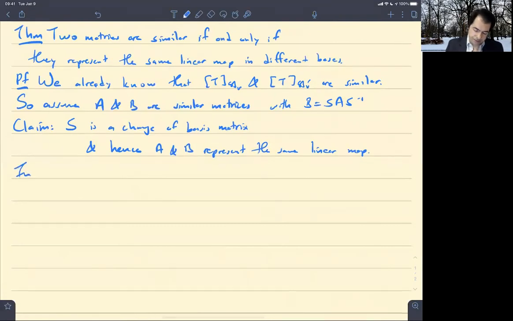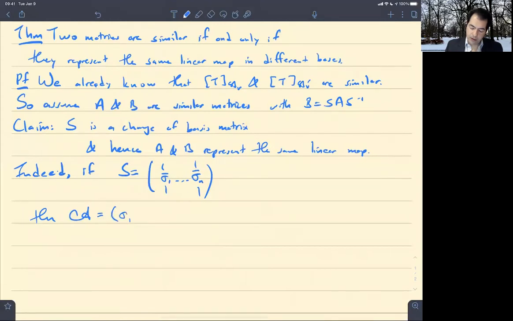Okay, so let's prove that. Well, indeed, let's say that the columns of S are sigma 1 through sigma n. And then let's take A to be the list of these columns. A is a basis. And S is exactly the change of basis matrix, starting with A, ending with the standard basis. Right?